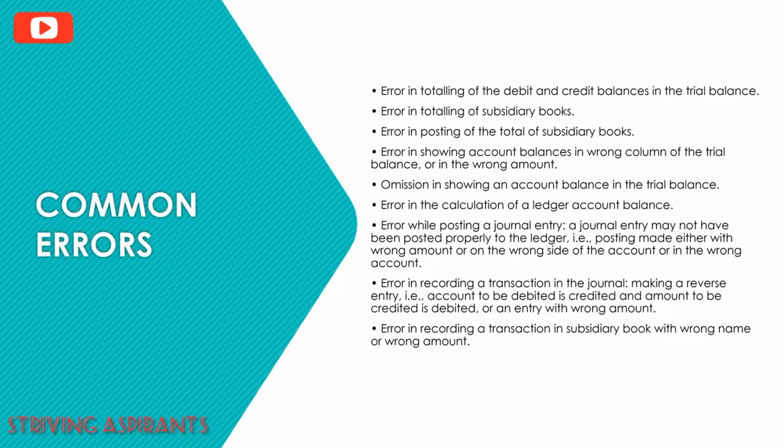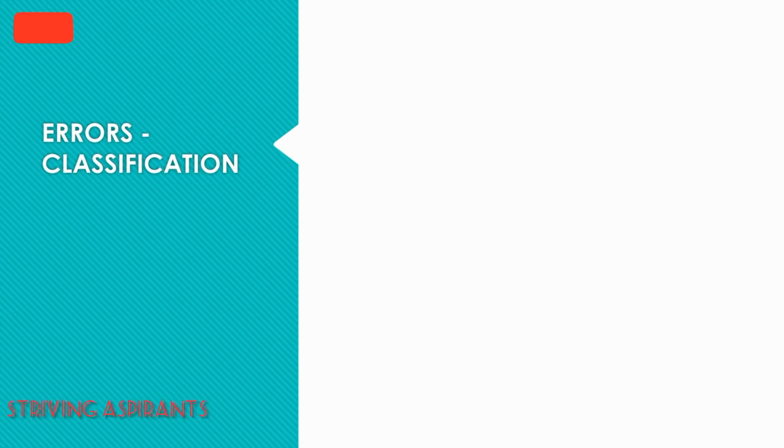Error in recording a transaction in a subsidiary book with the wrong name or wrong amount. These are the common errors happening while posting the balances from the ledger to the trial balance. So the accountant should be very careful regarding all these issues.